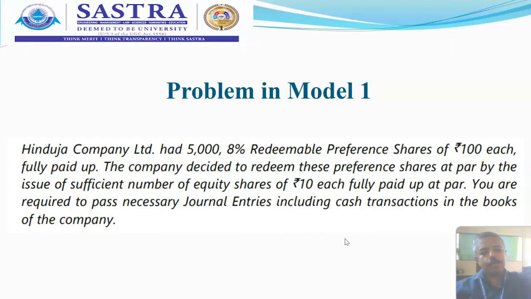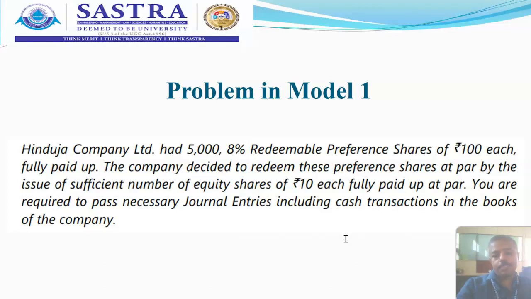So the question now states that, do you see the question now? Yes, the screen is visible. Hinduja Company Limited had 5,000 8% redeemable preference shares of rupees 100 each, fully paid up.